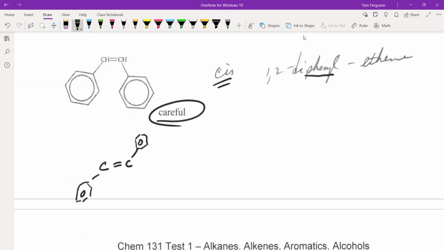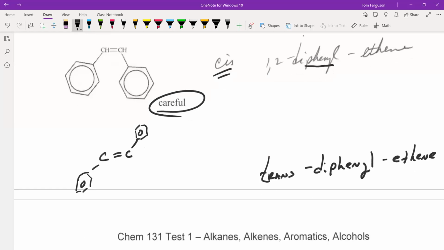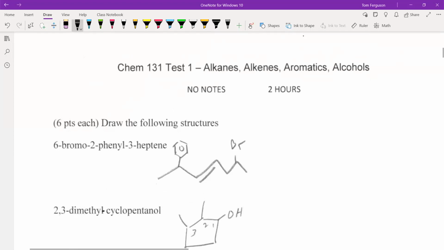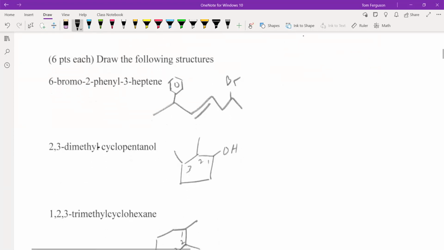As opposed to that, which would be trans-1,2-diphenyl ethene. By the way, Chem 31 was Chem 306 up in Washington.